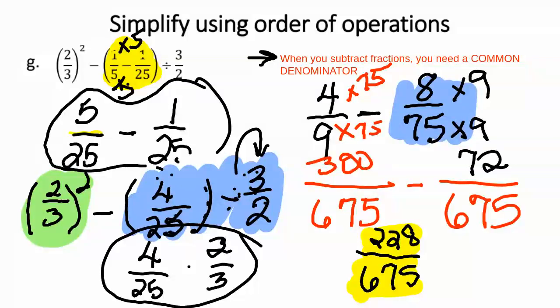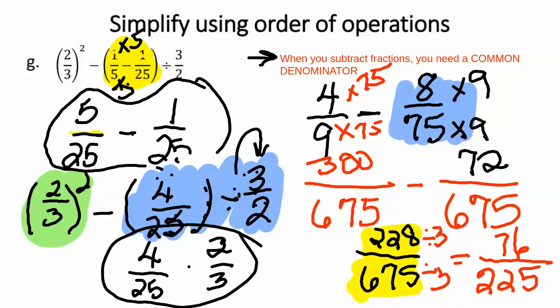I can divide by 3, which means my final answer is going to give me 76 over 225. This is my answer. And notice I had a lot of subtraction. Okay.